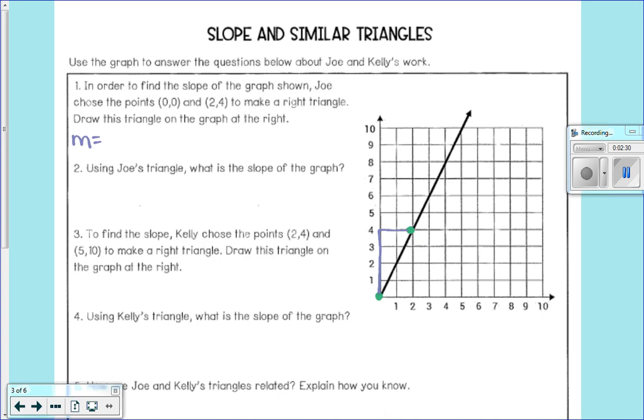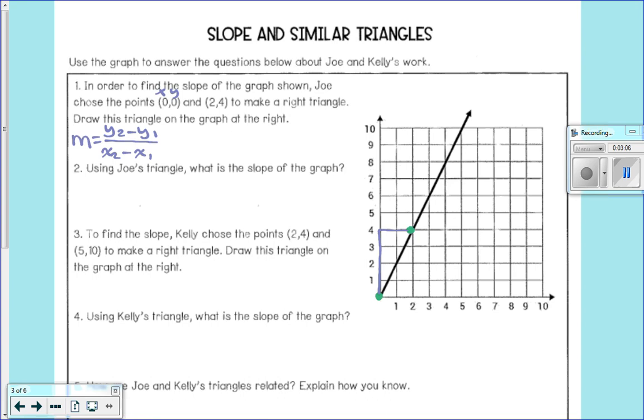So we have on your reference material y2 minus y1 over x2 minus x1. All right, so those subscript numbers, all that is labeling the second y, your first y, your second x value, and your first x value. That's all that means. Okay, are we good with that? Okay, so we have our 2 ordered pairs right here, (0, 0) and (2, 4). So (0, 0) is our first set of ordered pairs, right?